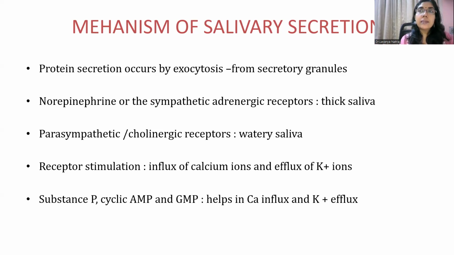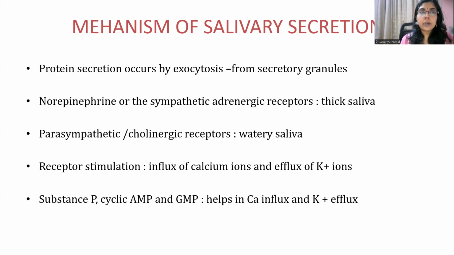And there is the innervation of the salivary gland that I will explain in the next few slides. We have the epinephrine and norepinephrine, the sympathetic and the parasympathetic innervation you all know of. The norepinephrine, or the sympathetic, through the alpha and beta adrenergic receptors helps in the formation of thicker saliva, more mucinous in nature.